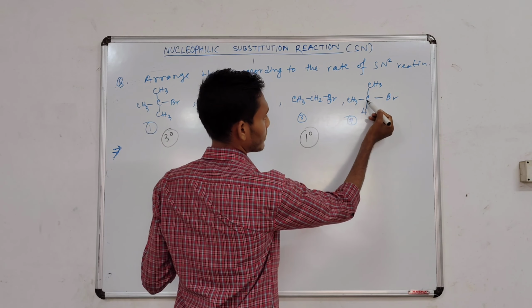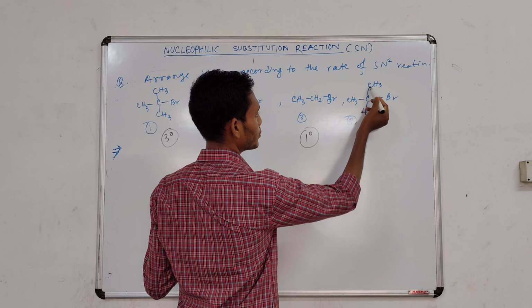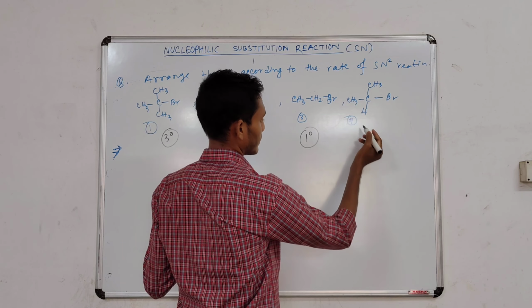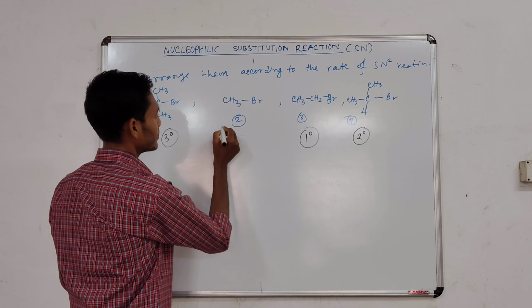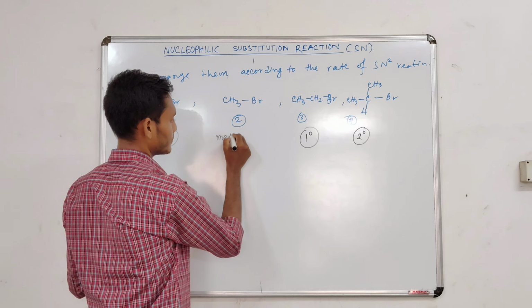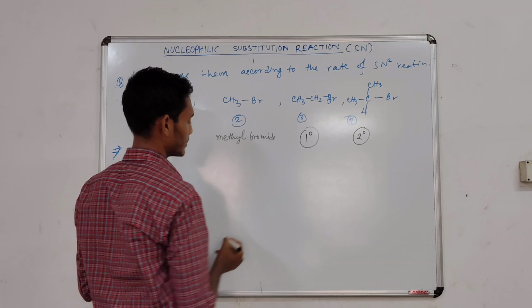How? The carbon attached with bromine is also attached with 2 other carbon atoms, so it is 2-degree, or it is a methyl bromide or bromomethane.